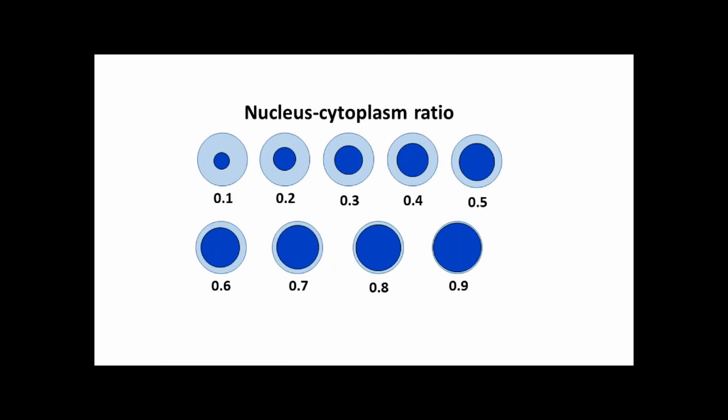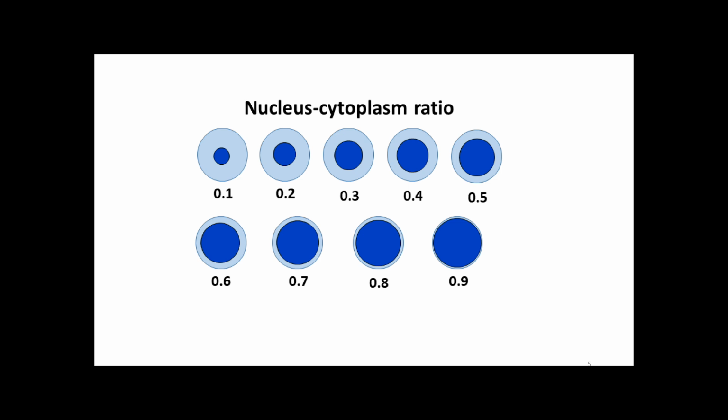Then when we consider the nucleus cytoplasmic ratio, if the cells are maturing, the NC ratio is lower, right? So here is the example: the very immature, very initial cells are in the last picture. First we will discuss the first one.